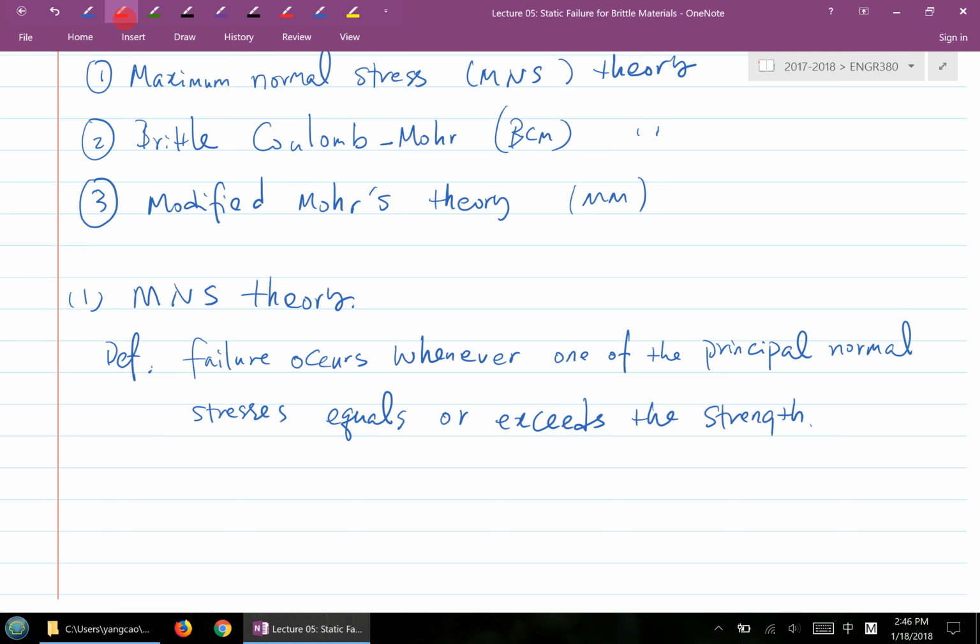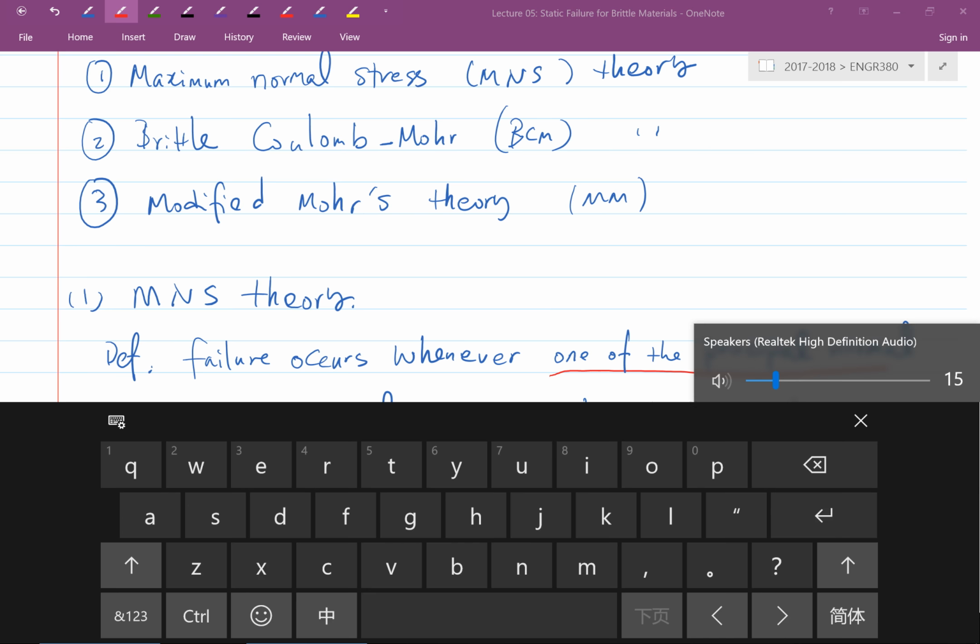And then let's look at this sentence here and break it down into basically comparisons. So what are we comparing here in order to prevent failure? First, one of the principal normal stresses, right? So when this equals or exceeds the strengths, and this is the second quantity.